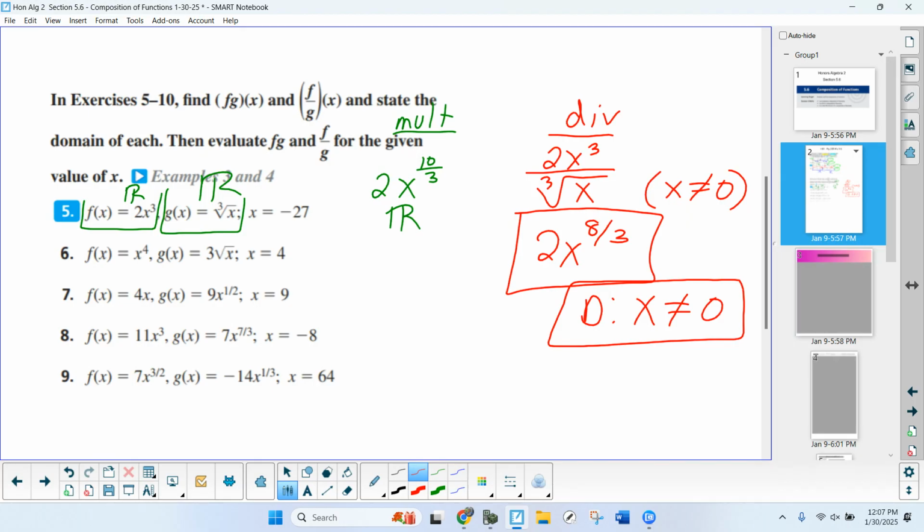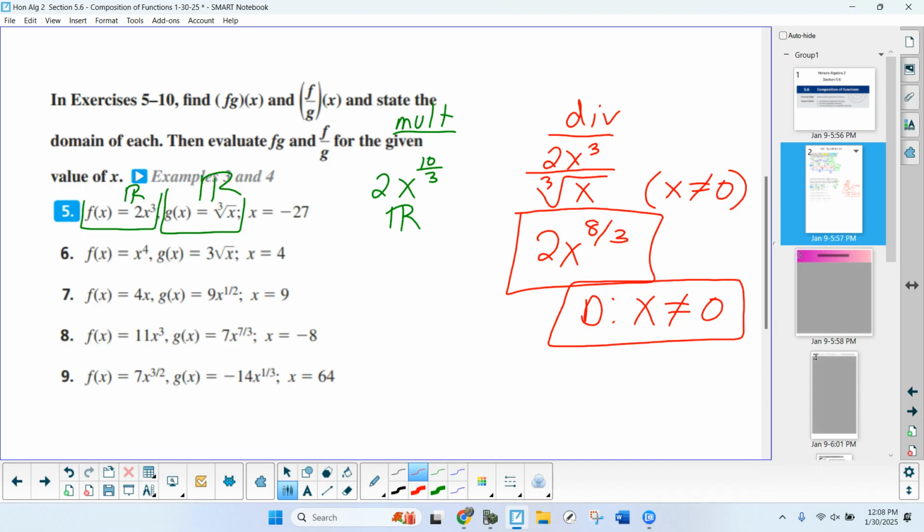I just put positive 27 in there, but when you raise it to the 10th, you still get a positive. So it'd be negative 3 to the 10th and negative 3 to the 8th, but those would still be positive. So the answer should be correct. It's just in my work, I should have a little negative in there. Okay. Anybody else?